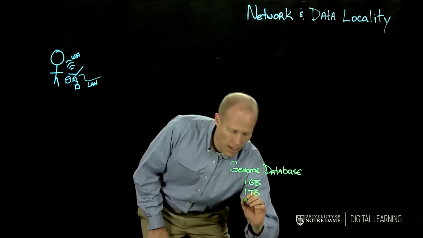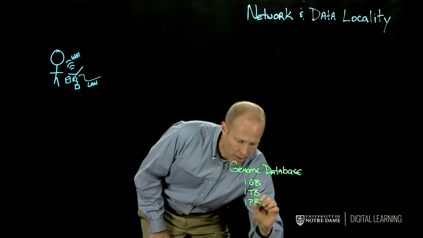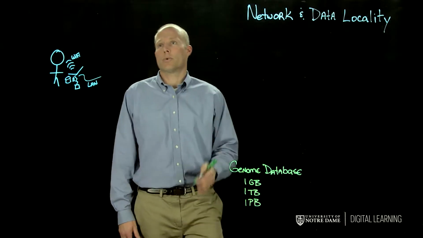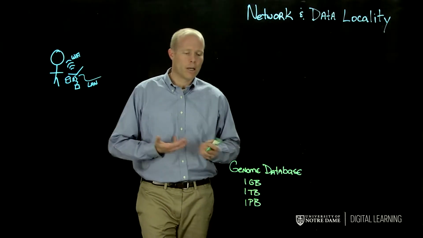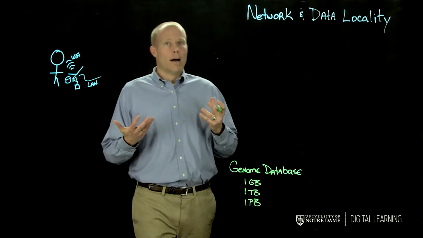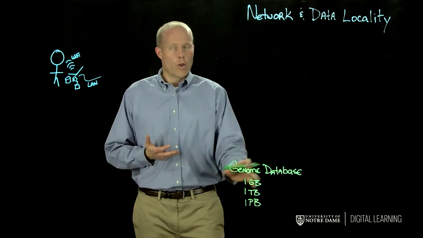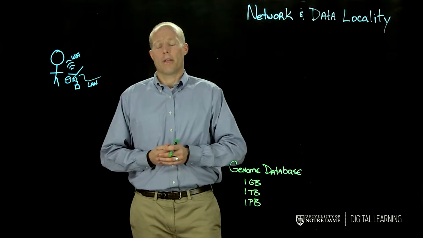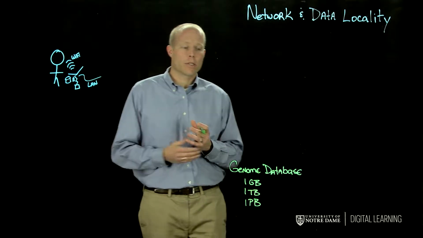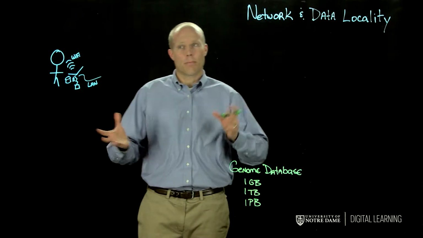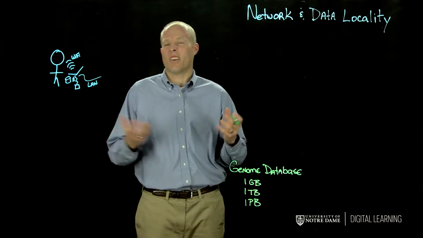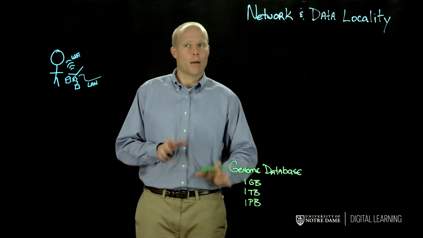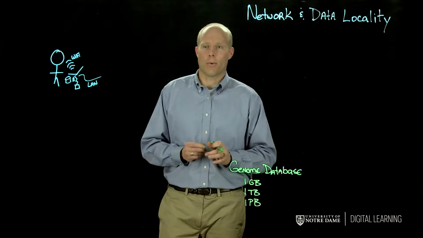Maybe it has a petabyte of data you need. Whether you're at a gigabyte, 1,000 gigabytes, or a petabyte, those all require different demands upon the network that you're going to use, and it's important to understand those. A gigabyte's about the size when you're used to downloading a video. But when you get to 1,000 gigabytes, things behave a little differently in the network environment.